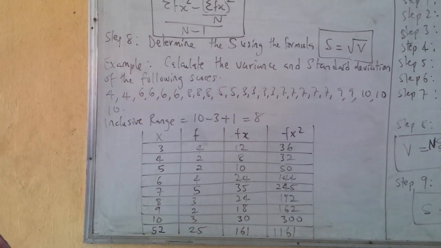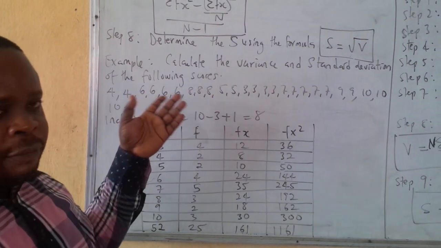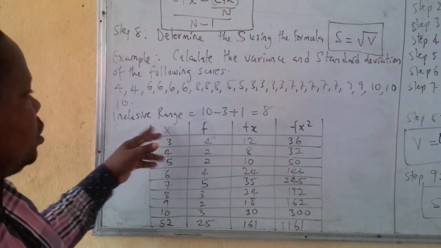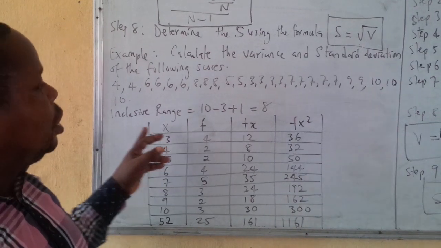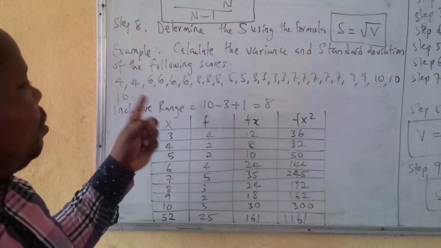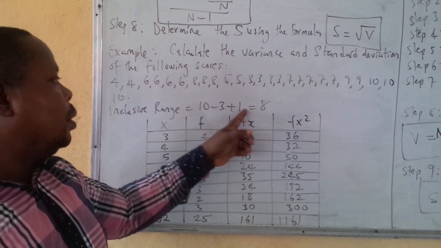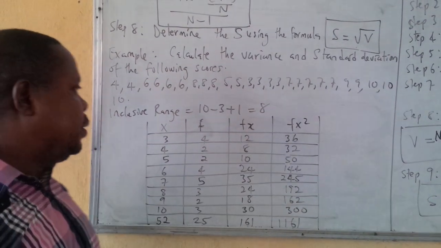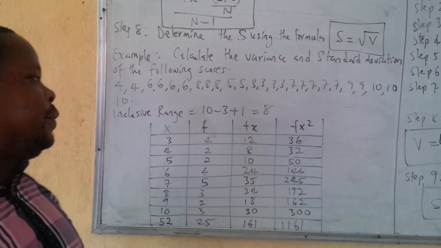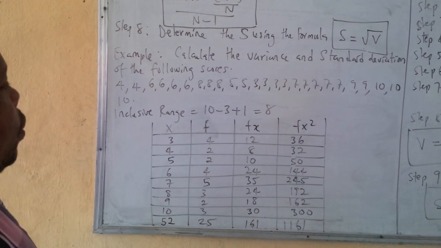Like we have just laid out the steps, the first thing is to determine the inclusive range: highest score minus lowest score +1. When you do that, it will give you 8. And 8 is less than 15, so this data is to be ungrouped.